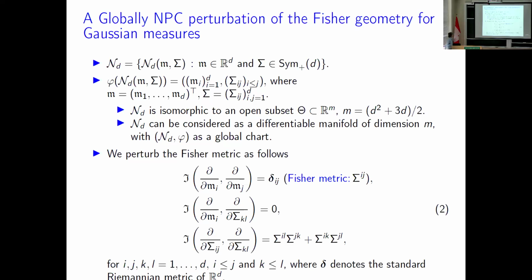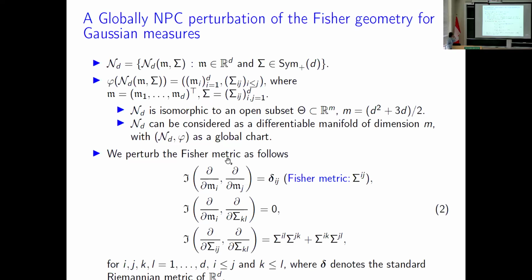This open set is a subset of R^m, with m defined by this dimension, that is basically d plus the elements that characterize the covariance matrix. So in particular, this N_d, thanks to this map, defines a differential manifold of dimension m, and this N_d with this phi is a global chart.